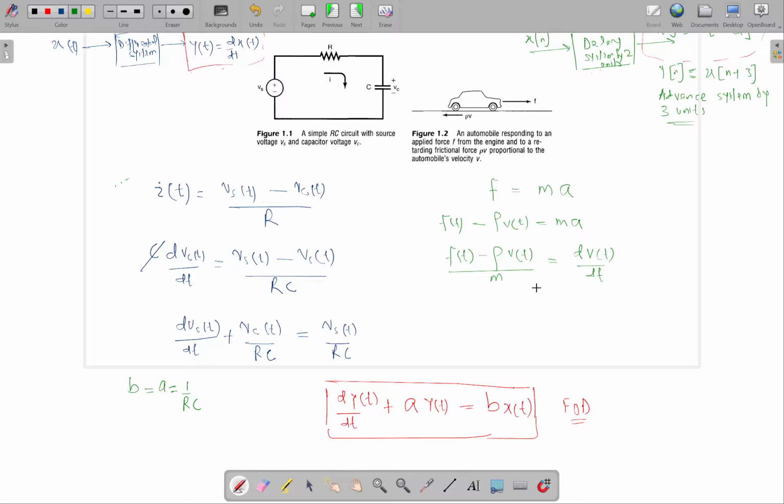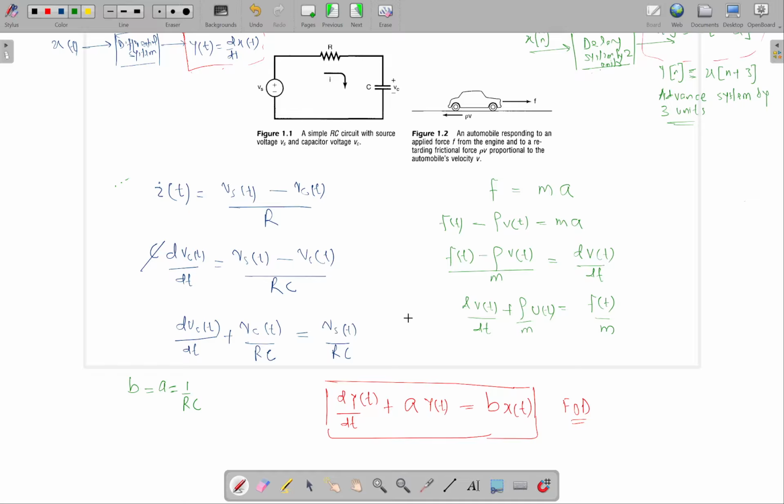All right. So now again we are going to make some rearrangements, and we are going to see what the final result is. So I'm going to take all the V(t) terms on one side and all the remaining terms on the other side. So f of t upon m, I'm going to write this thing over here, and then what we are left with is dV(t) upon d of t, which is this term, and then this term is rho over m times V of t.